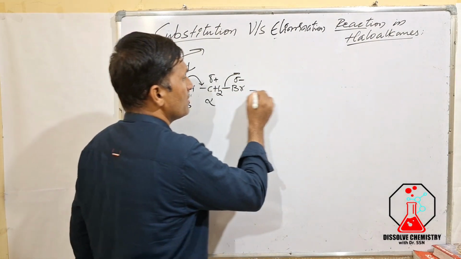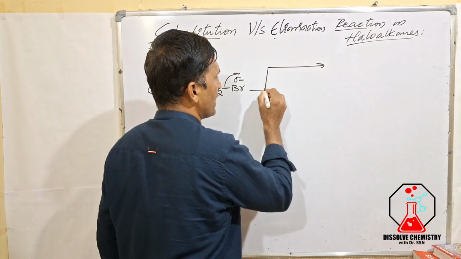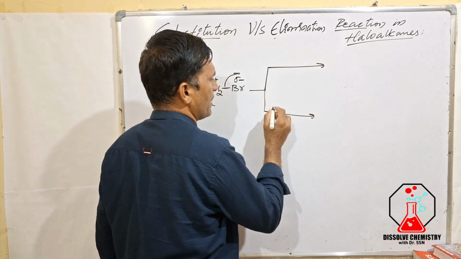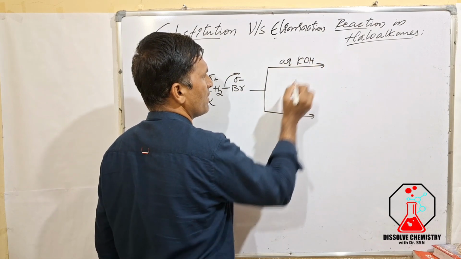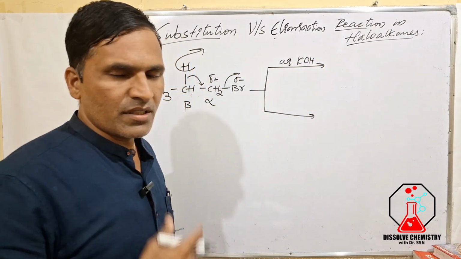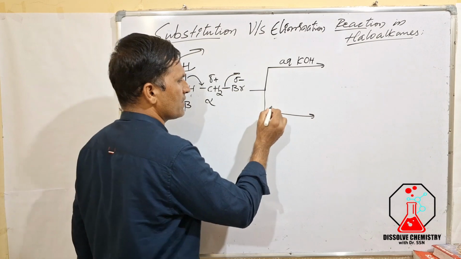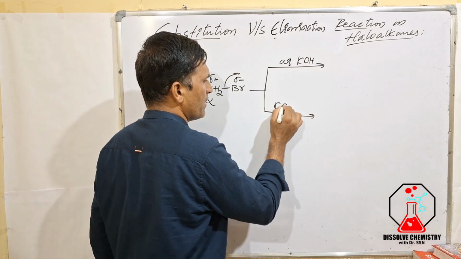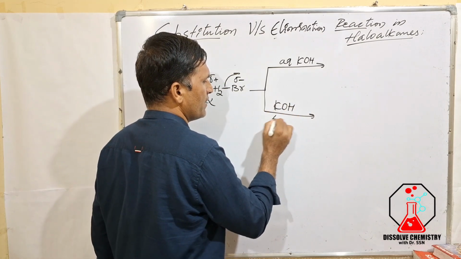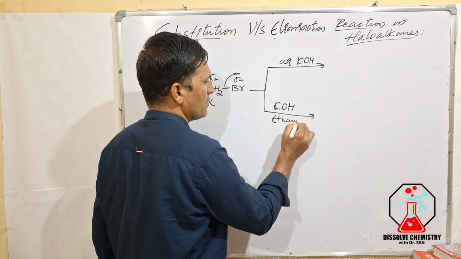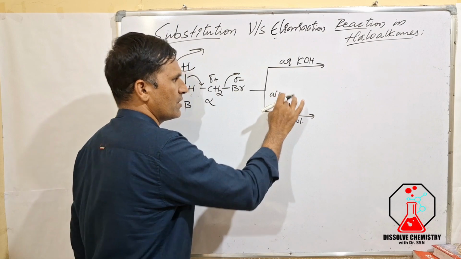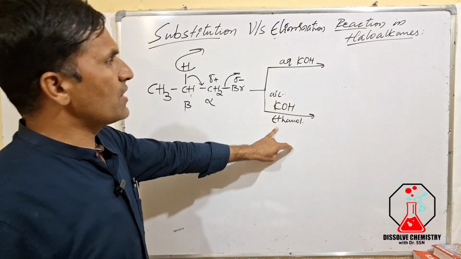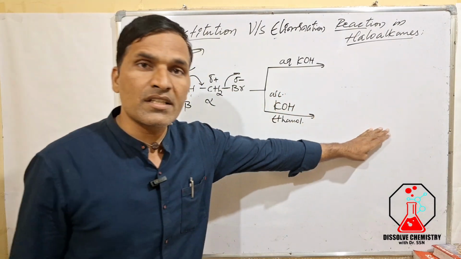Many times you get confused if it is given in a test or examination that aqueous KOH gives the substituted product, and alcoholic KOH, that is KOH taken in ethanol, gives the elimination product. If you take alcoholic KOH, the product is an alkene.